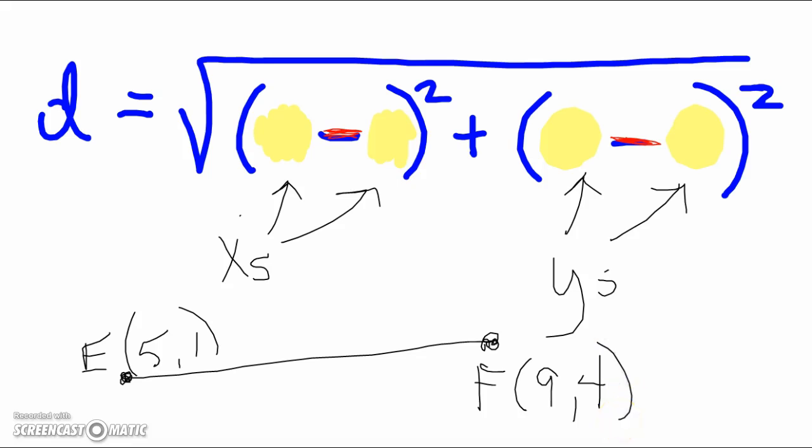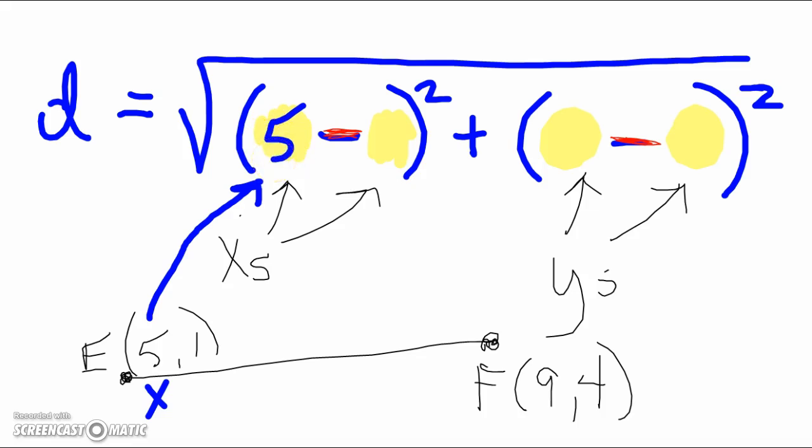What I'm going to do is drop those numbers into the formula exactly where we want to see them. So this 5 I'm going to put right here because it's the x value for E. So I'm going to put the 5 right here.